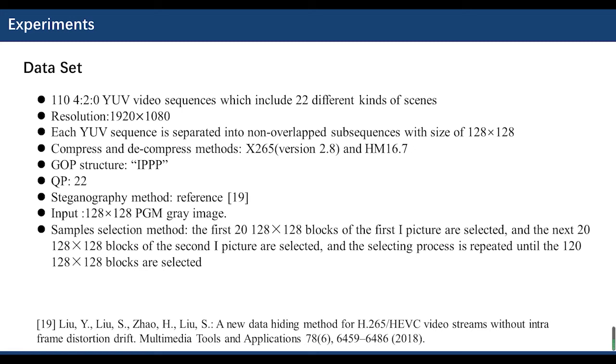Since a 1920 times 1080 YUV picture can be divided into 128 times 128 blocks, the first 128 times 128 block of the first picture is selected, and then the next 128 times 128 block of the second picture is selected, and the selecting process is repeated until all the 128 times 128 blocks are selected.